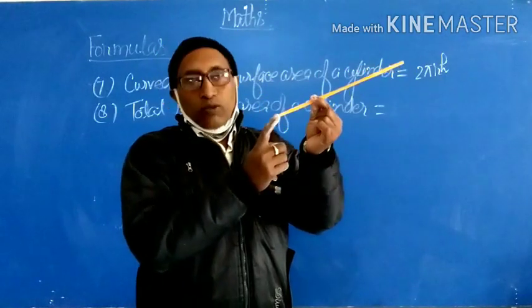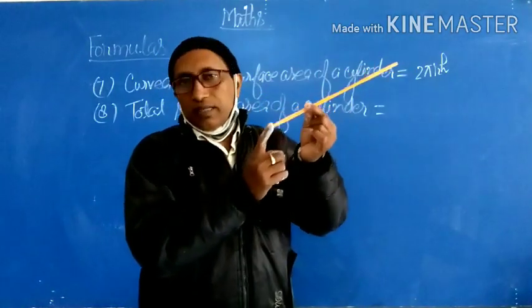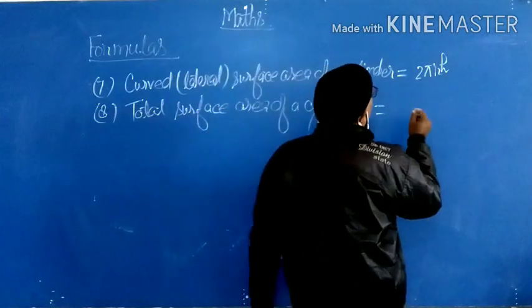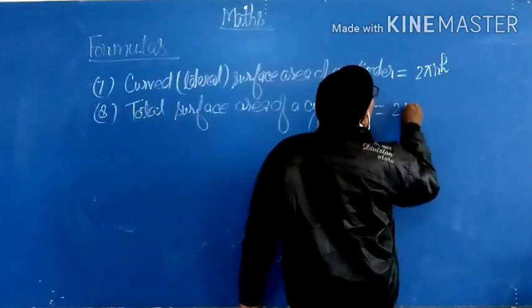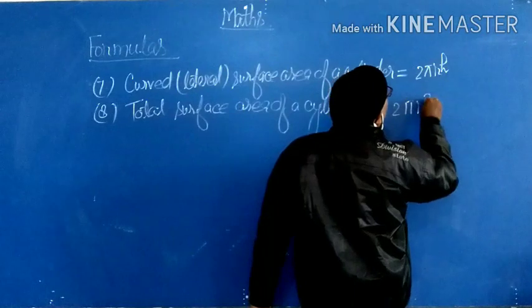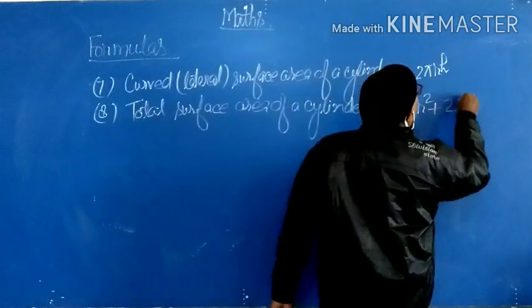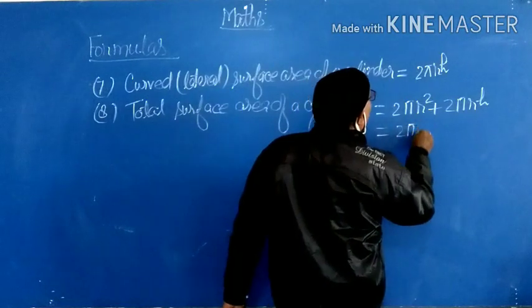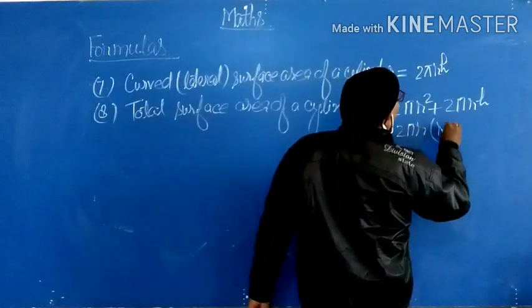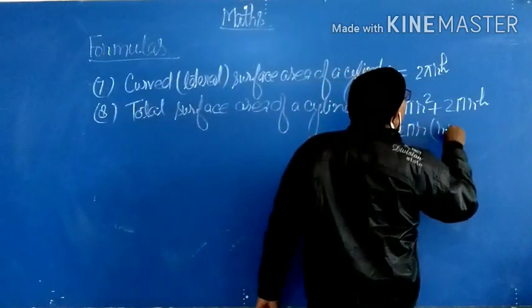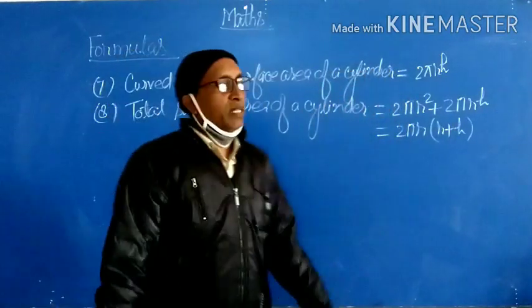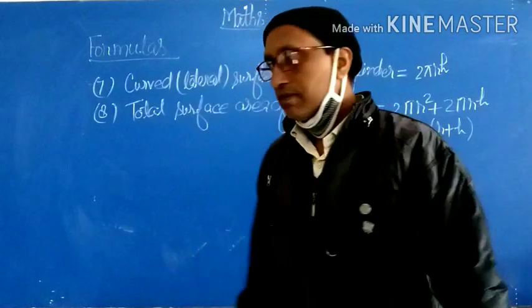That is a circular shape, therefore pi r square is the area of a circle. Then you add here, you get 2 pi r square plus 2 pi r h. You get 2 pi r in the bracket r plus h. This is the formula of the total surface area of a cylinder.